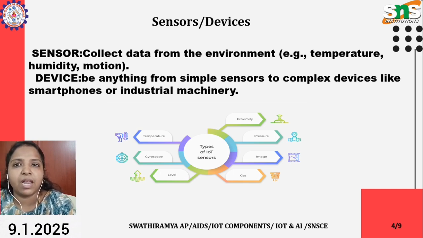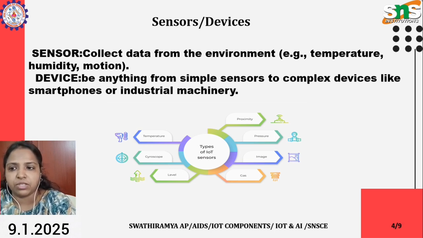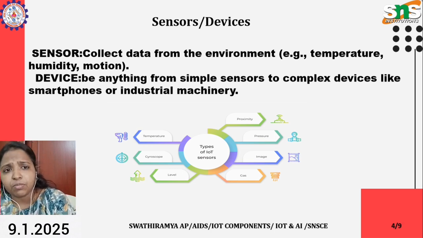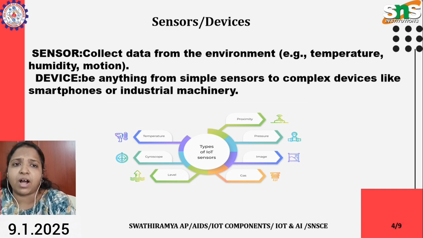If you need the air pollution in a particular area, you need sensors depending on your application. So the first component of IoT is the sensors. The sensors help us collect data from the environment, and this data can be temperature, motion, moisture level, air quality, light of the place, depending on the application.